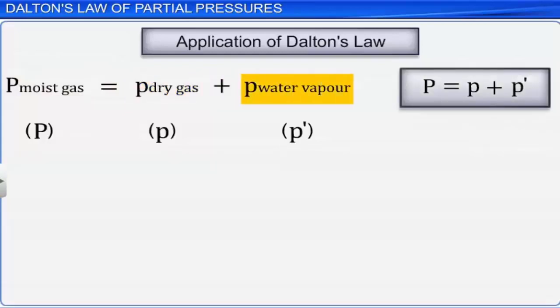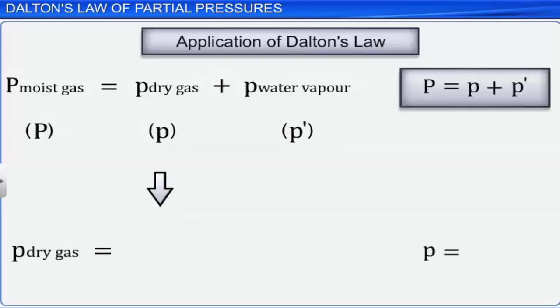By rewriting the equation, we get the partial pressure of dry gas P is equal to the total pressure of moist gas P moist minus aqueous tension P dash.